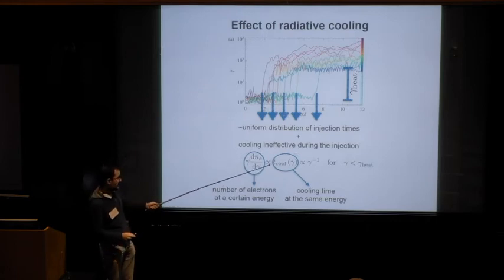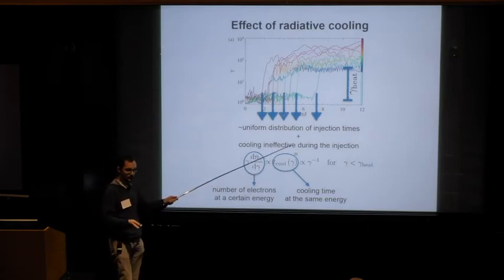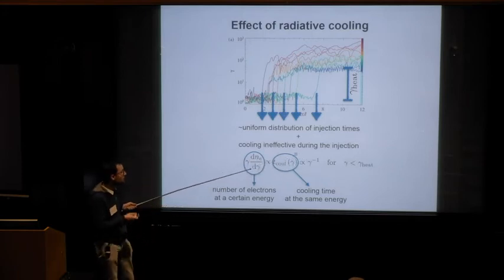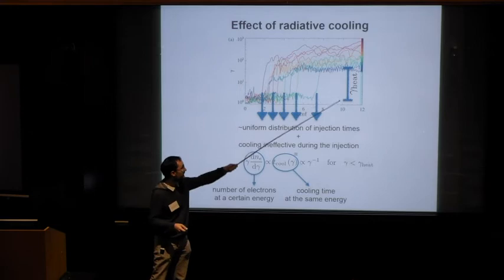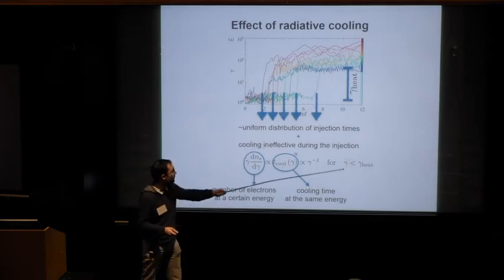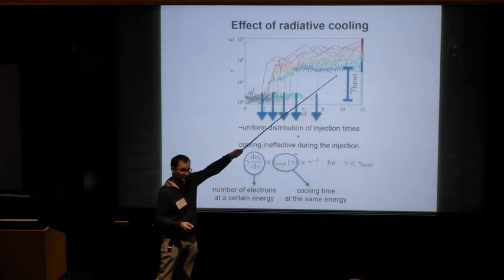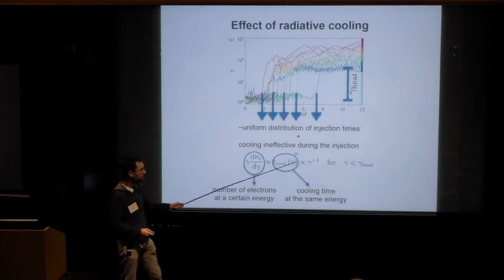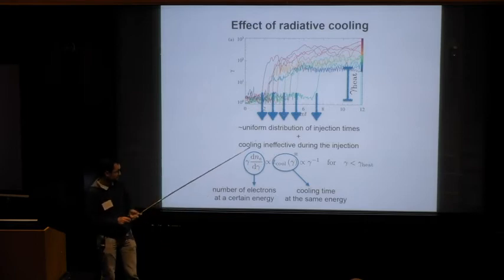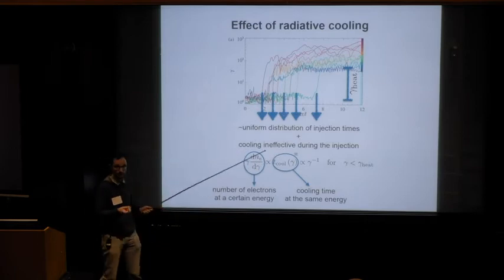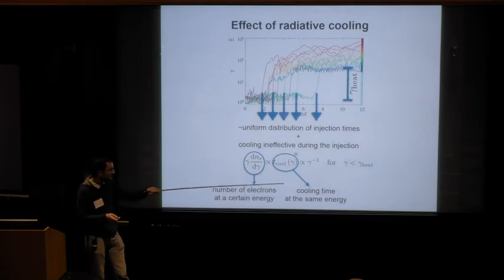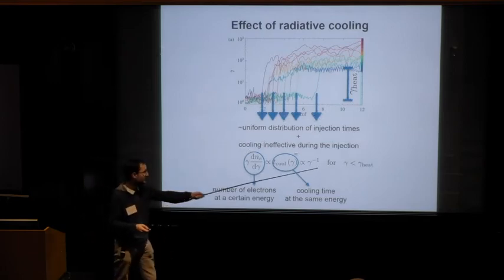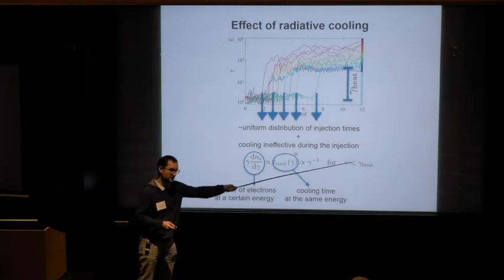Since for synchrotron and inverse Compton processes this cooling time is proportional to gamma to the -1, a very well-known fact, what I expect at Lorentz factors smaller than this injection Lorentz factor is a distribution dN/dgamma proportional to gamma to the -2. So this very fast heating allows one to have a power law energy distribution extending over a wide range of Lorentz factor. So this is much larger than 1.